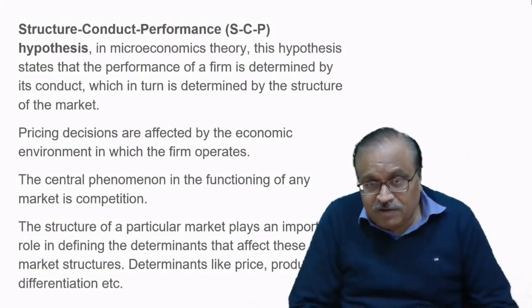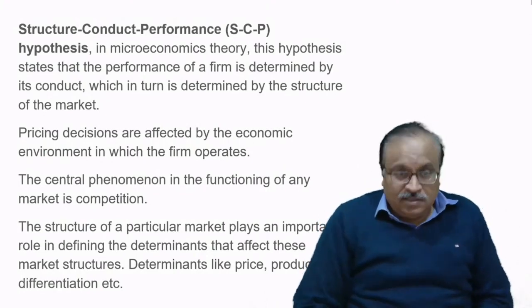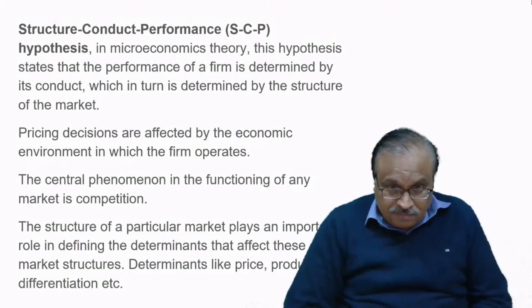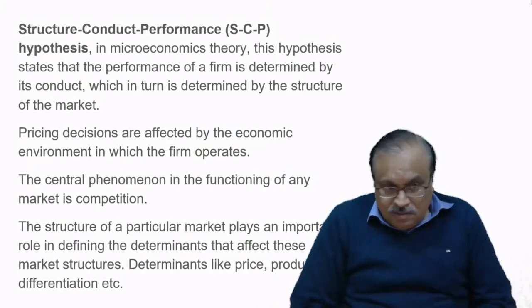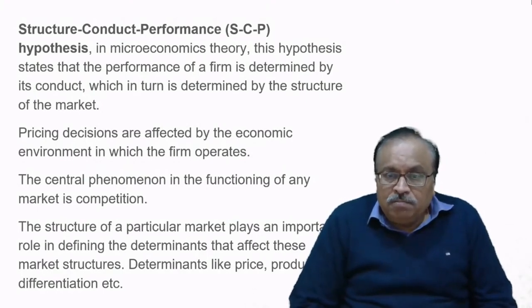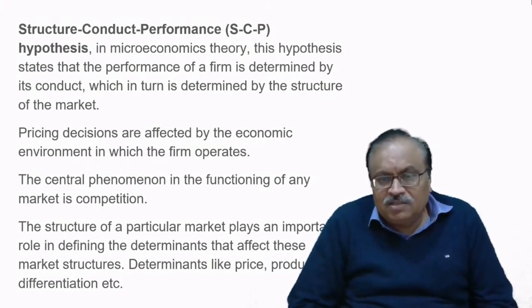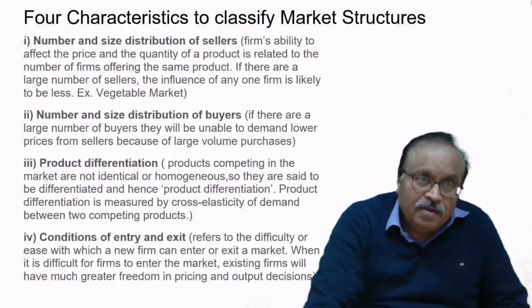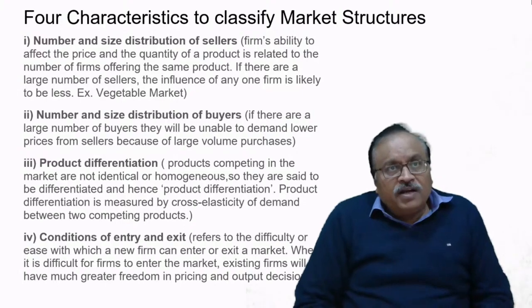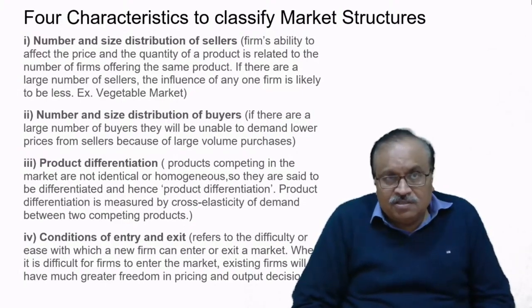Pricing decisions are affected by the economic environment in which the firm operates. The central phenomenon in the functioning of any market is competition. The structure of a particular market plays an important role in defining the determinants that affect these market structures, determinants like price, product differentiation, etc. So the market structures can be classified based on these four characteristics.